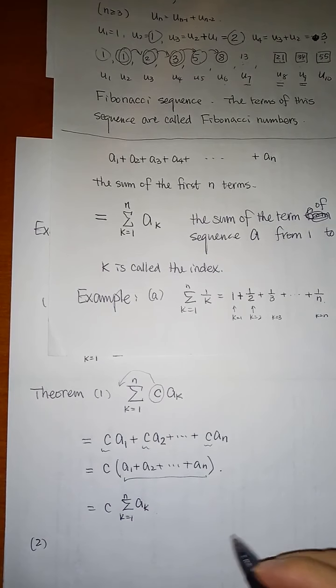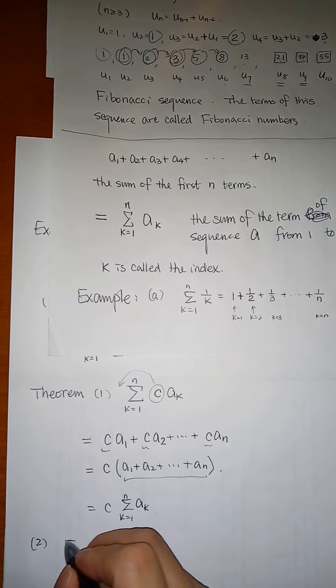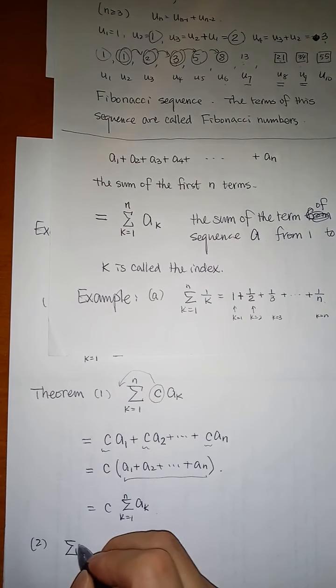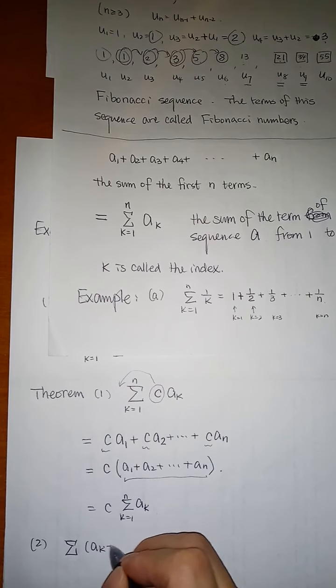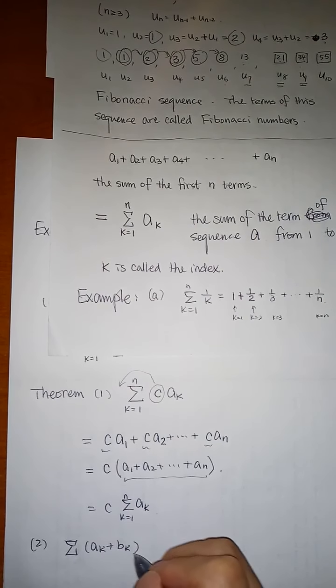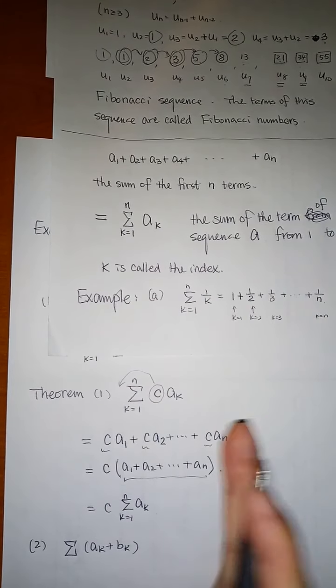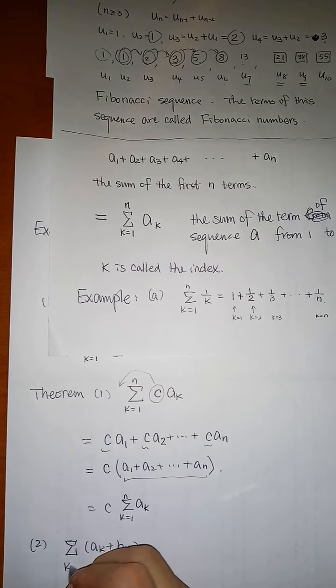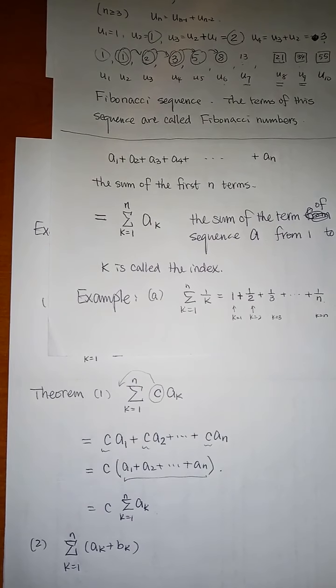Second, if you have two sequences, you already term by term add them. You have a1 plus b1, a2 plus b2, a3 plus b3, a4 plus b4. You already added the corresponding term from two sequences.